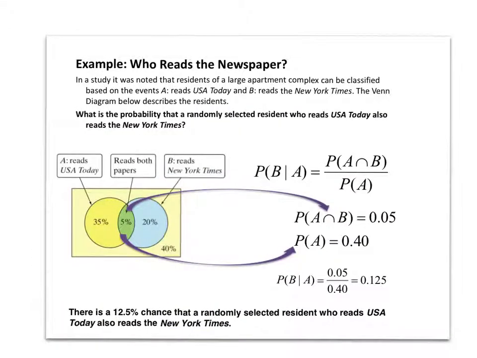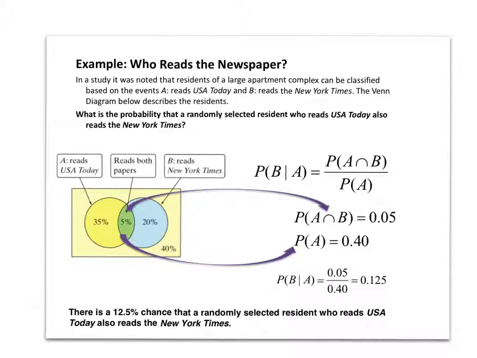So here's an example. We have a large apartment complex, and they asked how many of the residents read USA Today and how many read the New York Times. The Venn diagram describes the residents. It turns out that 35% read USA Today only, 20% read the New York Times only, and 5% actually read both papers.